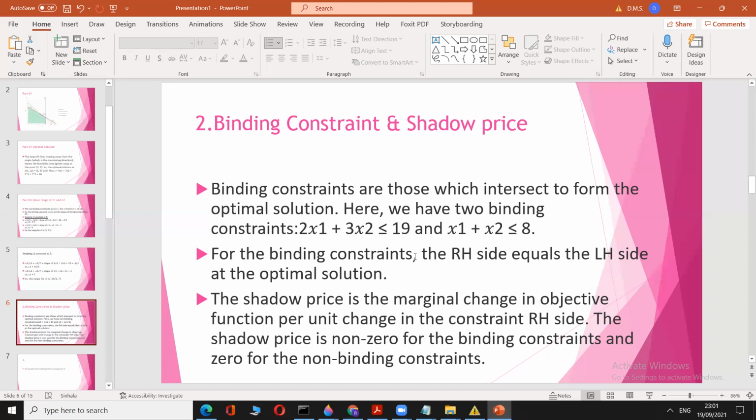The shadow price is the marginal change in the objective function per unit change in the constraint right hand side. The shadow price is non-zero for the binding constraints and 0 for the non-binding constraints.